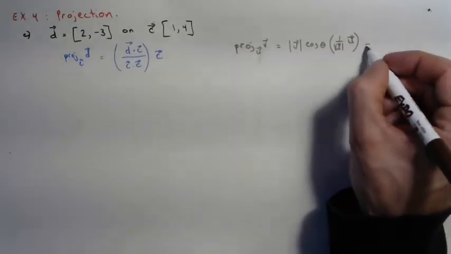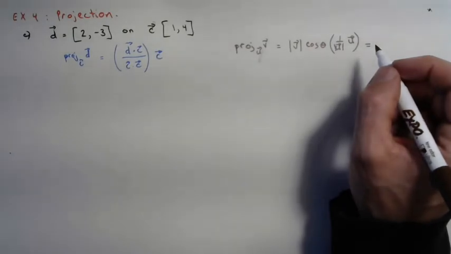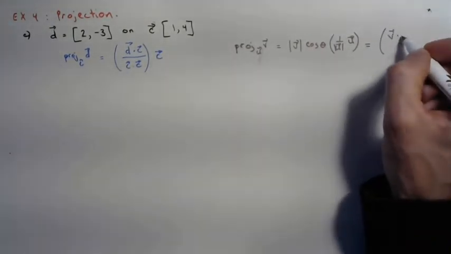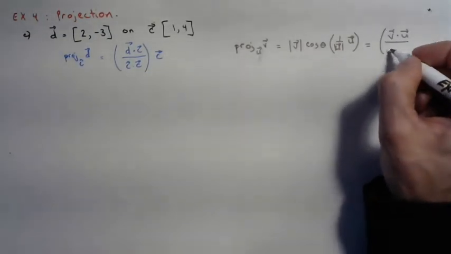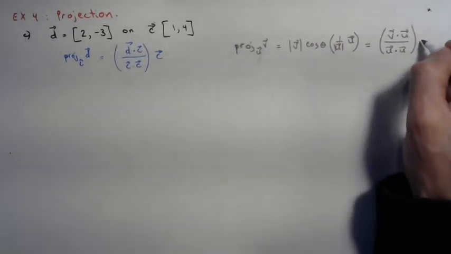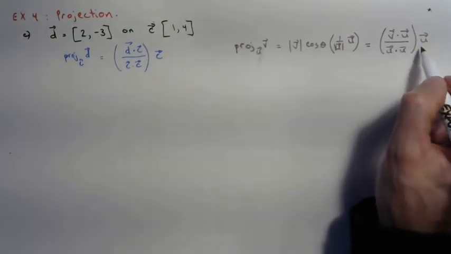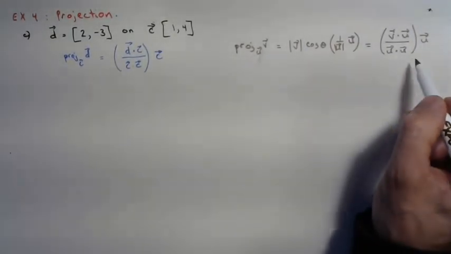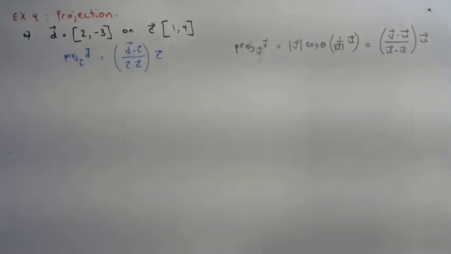That's what we used in A. Another way to write this is the dot product of v and u over the dot product of u and u times the vector u. So again, a magnitude and a direction, and here a magnitude and a direction. I'm not going to prove that to you right now. We're just going to assume it, and we're going to use it so that you can do it both ways.